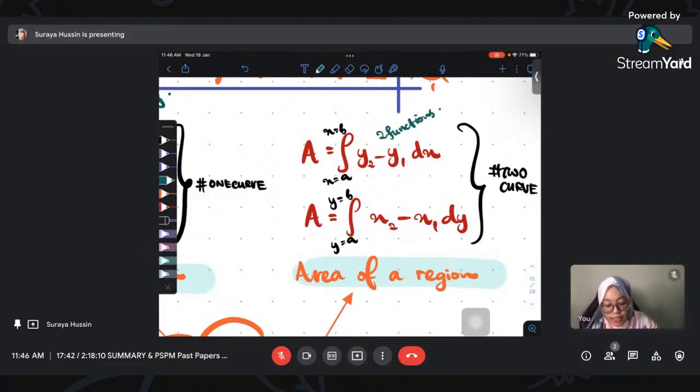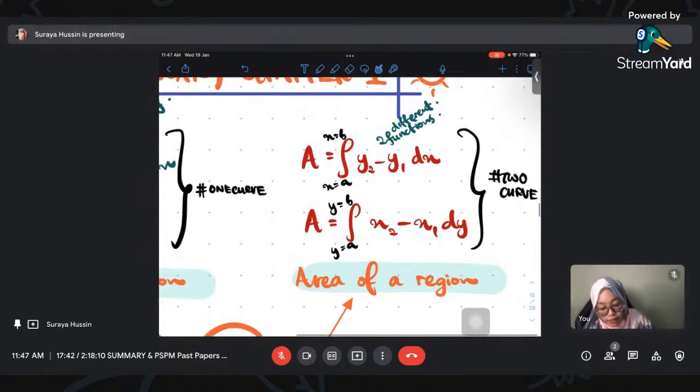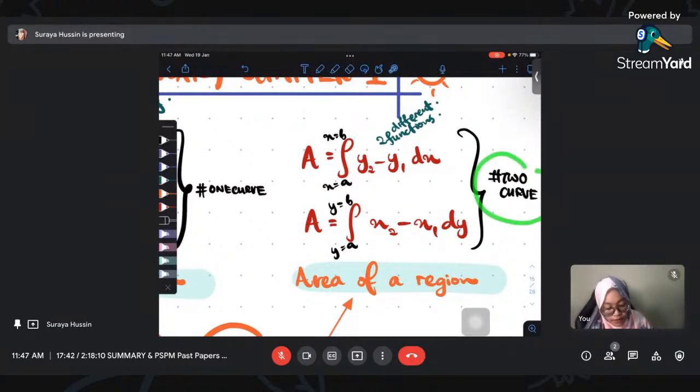Okay, sebab tu kena baca soalan betul-betul. Soalan ni bagi berapa curve. Kalau two curve bermaksud two functions. Two functions, okay? Two different function. Write it down. Okay, two different functions. Kalau two curve, case yang di mana ia two curves.